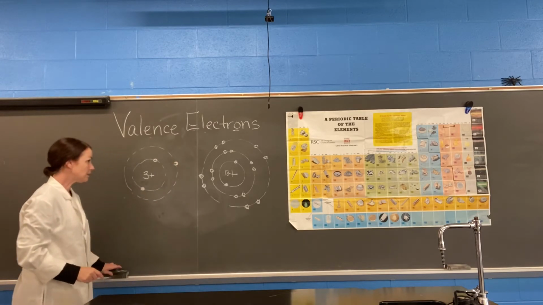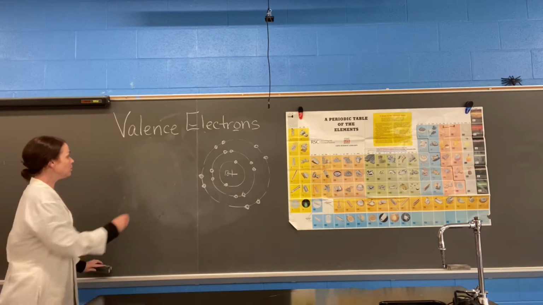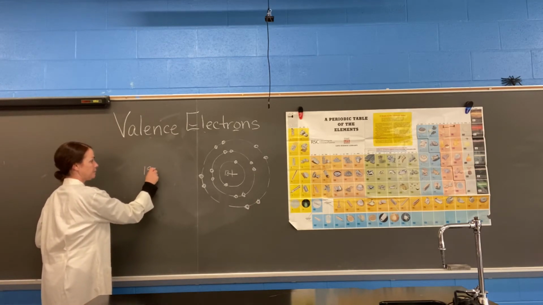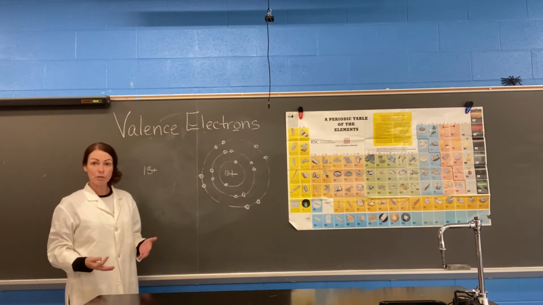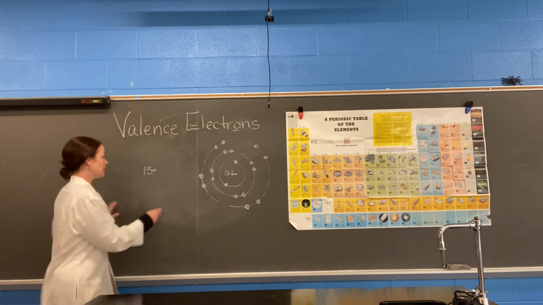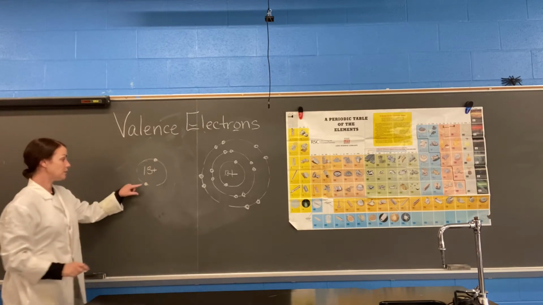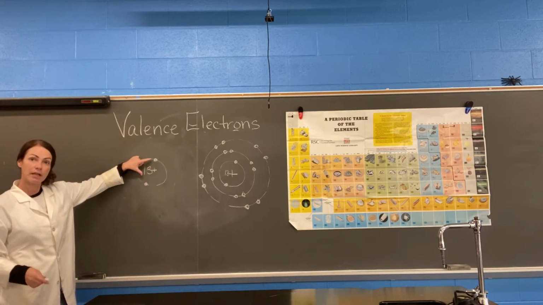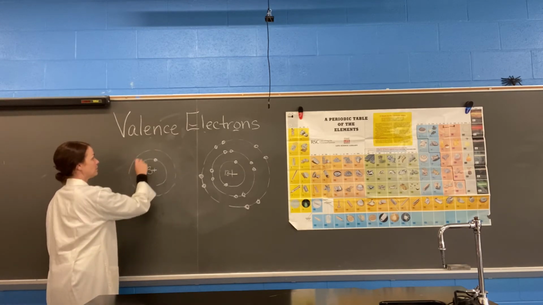Now, if we wanted to take a look at something like aluminum, aluminum is number 13. It has 13 protons, and because atoms are neutral, it has the same number of protons as it has electrons. And that means that it has 13 electrons. 2 of those can fit in the first energy level, but now that energy level is filled up. And so we have a second energy level.